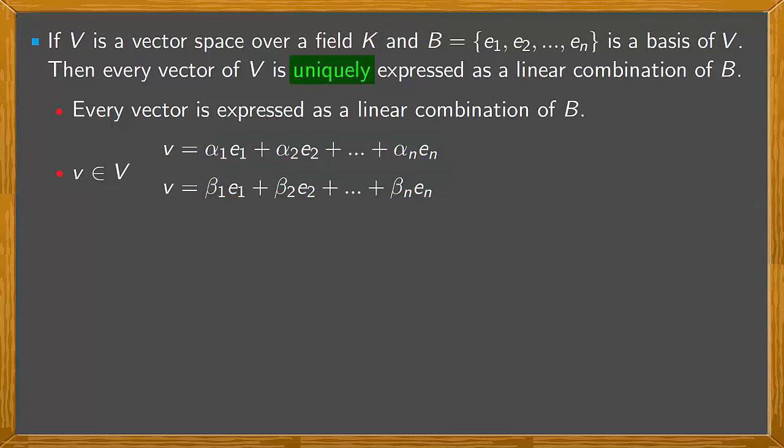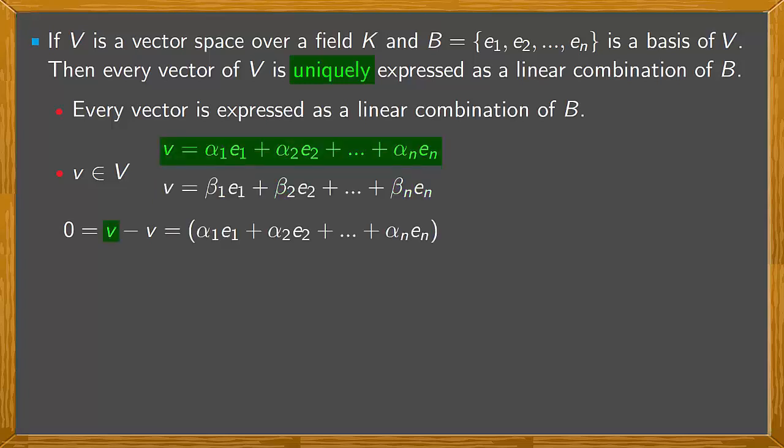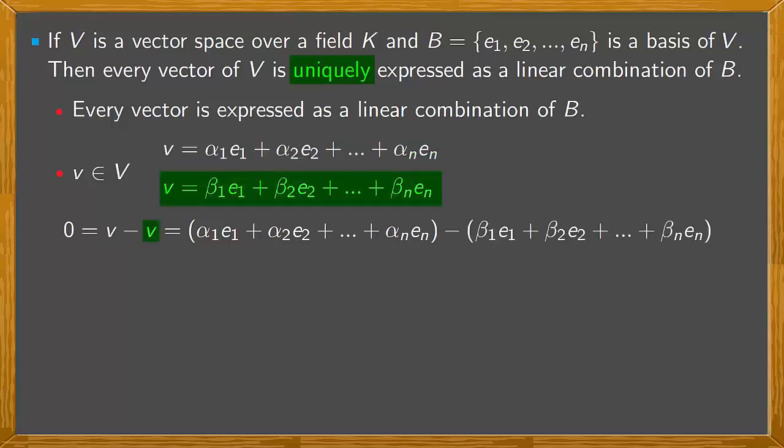To do this, note that the vector 0 is clearly v minus v. Now the key is to replace each of these v's with one of the previous expressions. So for the first v, we write alpha 1 E1 plus alpha 2 E2 all the way up to alpha n En minus the second v, beta 1 E1 plus beta 2 E2 all the way up to beta n En.